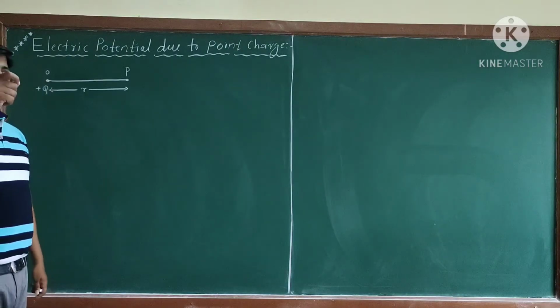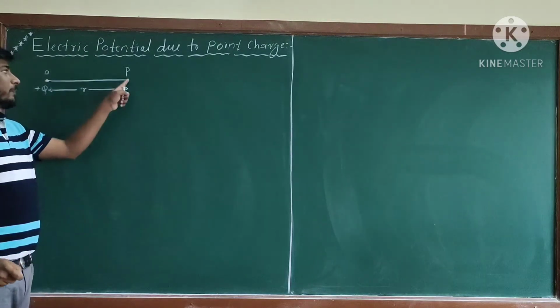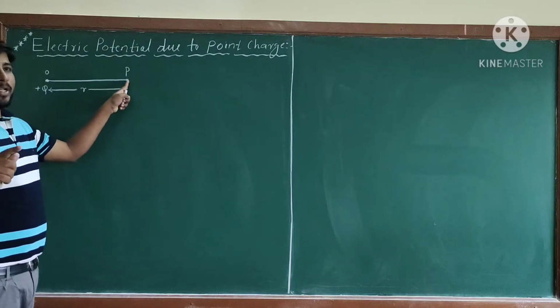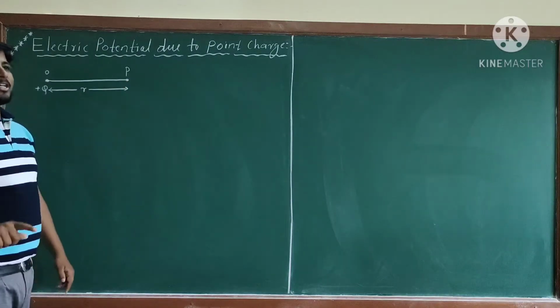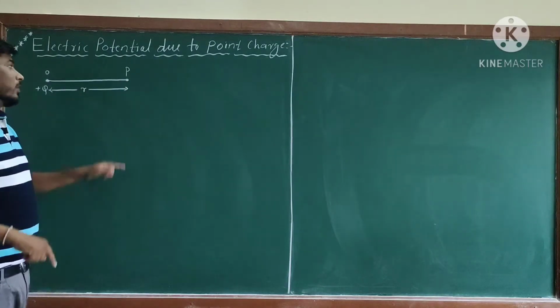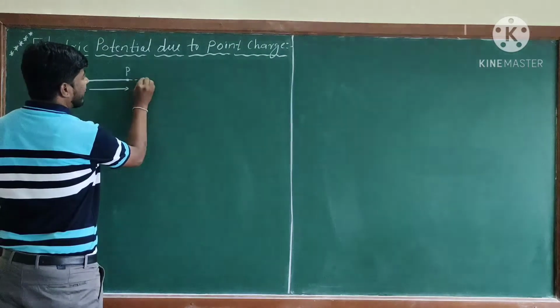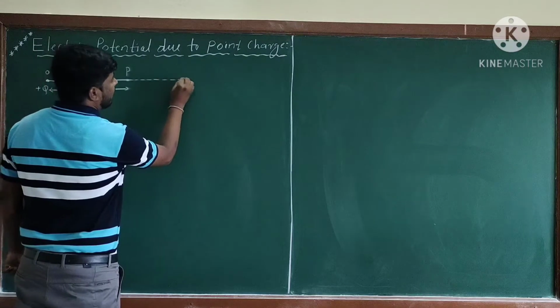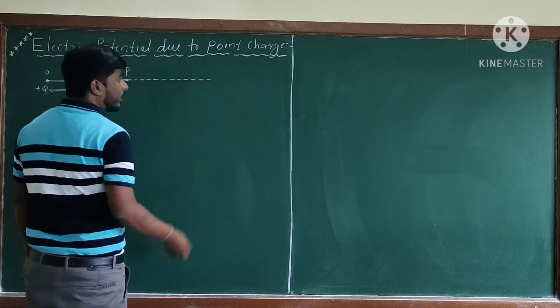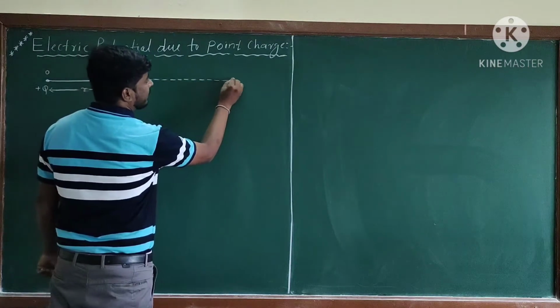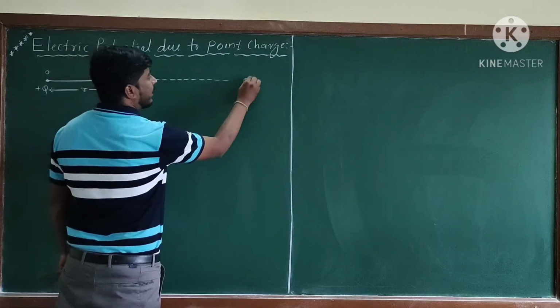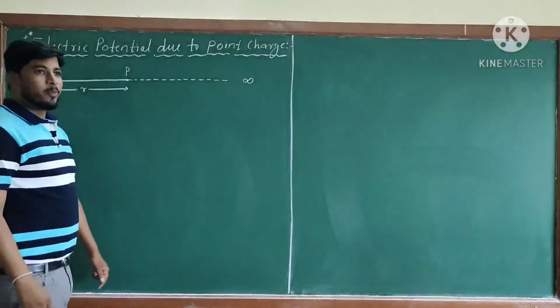So potential at P is the work done in moving a charge from infinity to this point. Here we say that it is an infinity point.